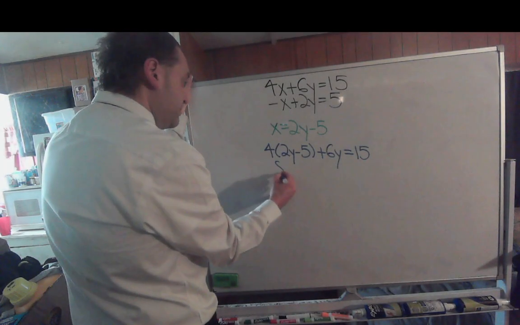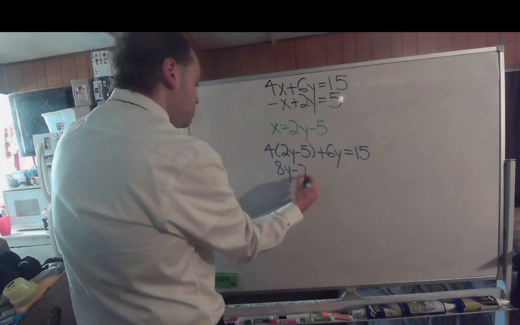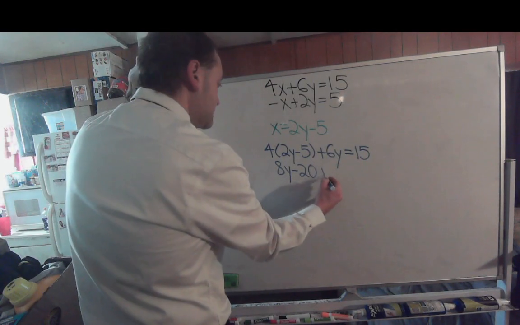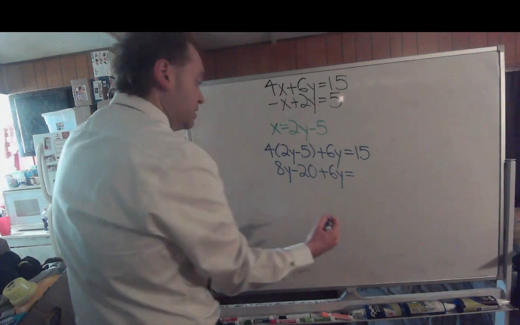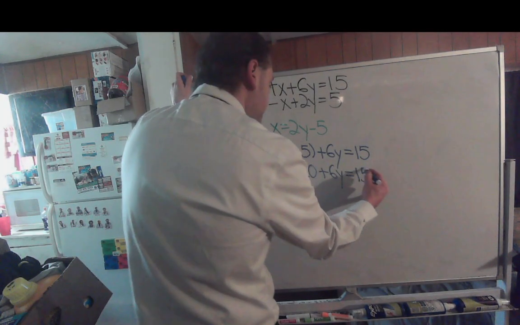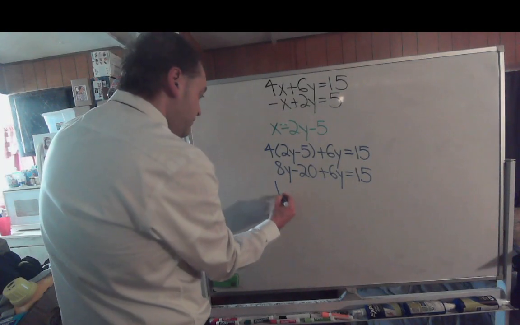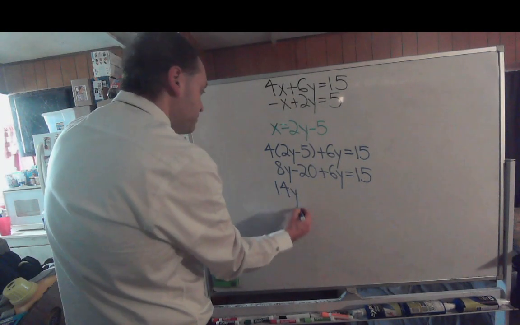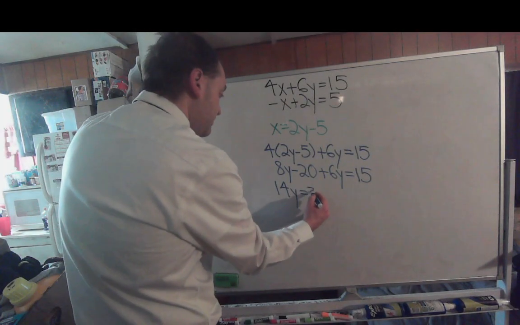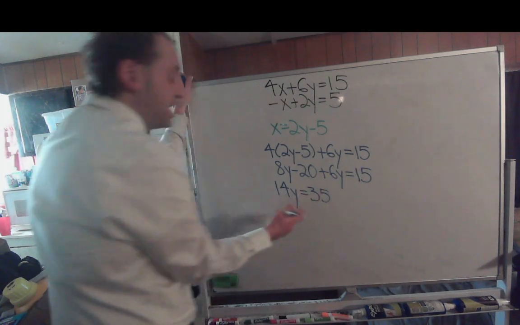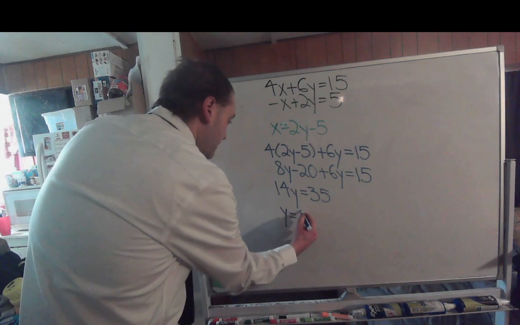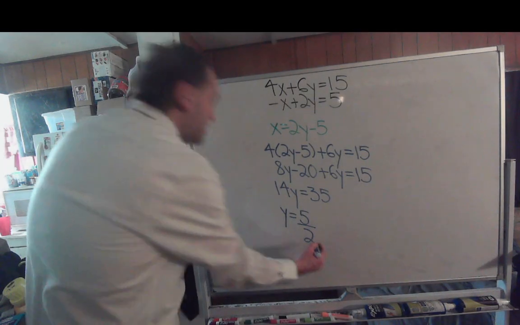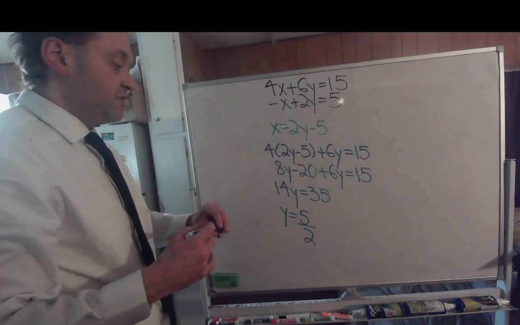Well, this would end up giving you 8y minus 20 plus 6y would end up equaling 15. So that would give you 14y would equal 35. Well, good news is they both have a common factor of 7. So y would equal 5/2. So you get a y value of 5/2.